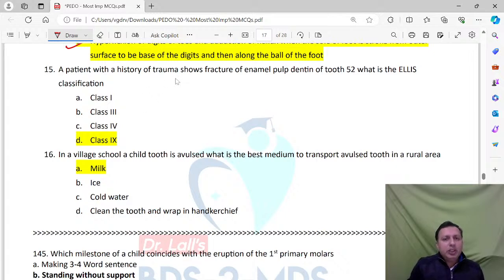A patient with a history of trauma shows a fracture of the enamel, dentine and pulp of tooth 5-2, and what is the Ellis classification?